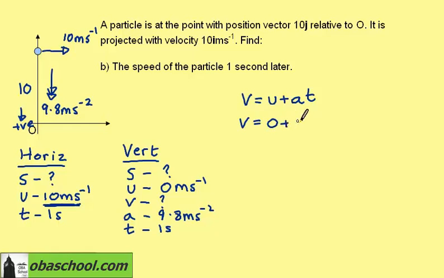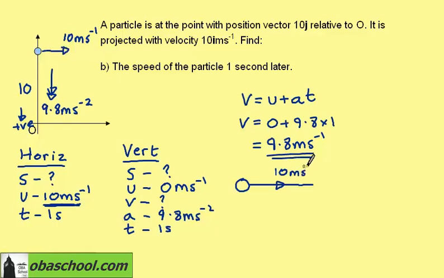So V is 0 plus 9.8 times 1, giving 9.8 meters per second. So the particle has a horizontal component of speed of 10 and a vertical component of speed of 9.8 downwards.